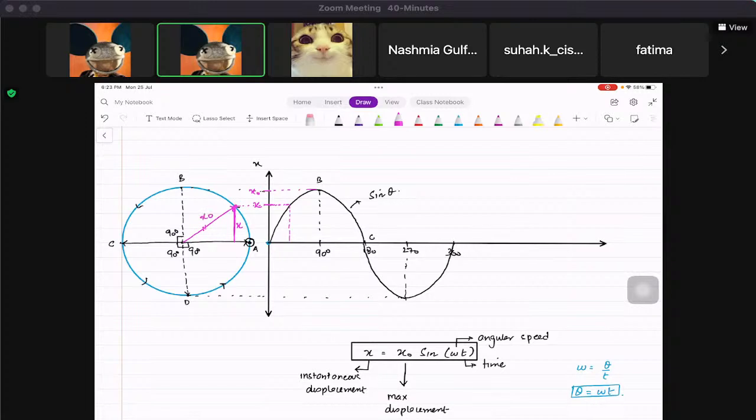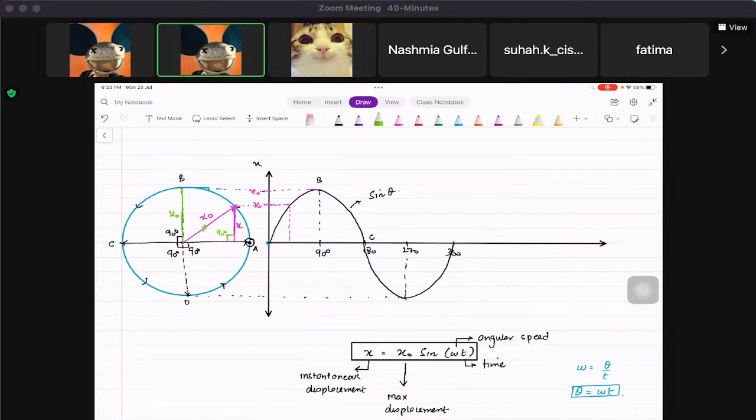How is it possible? Because if this length, starting from here, is x naught, and you might see that it also represents the radius of the circle, so this line is also the radius, so these lengths are the same, right? Now this makes it a triangle, so this is 90 degrees.